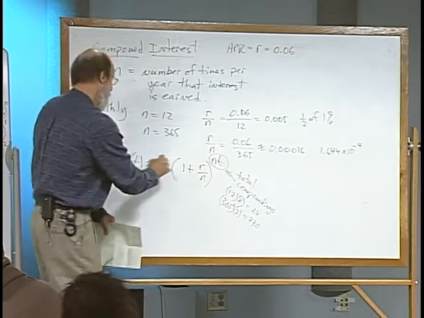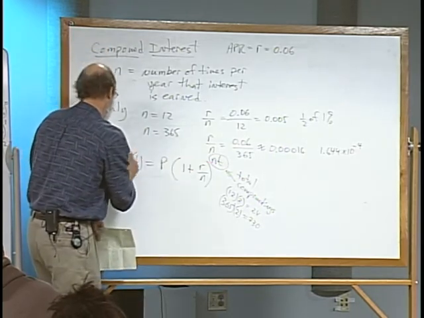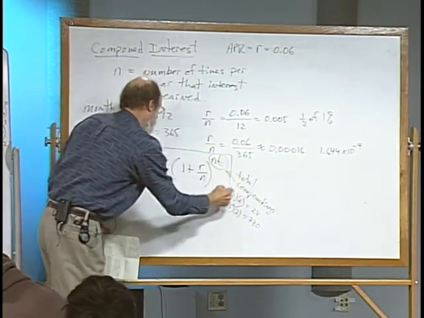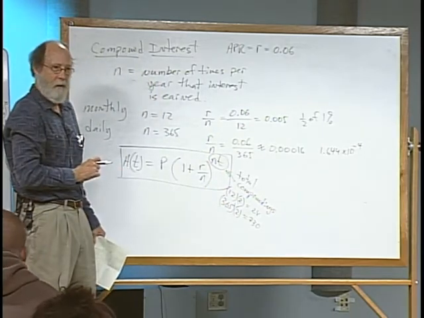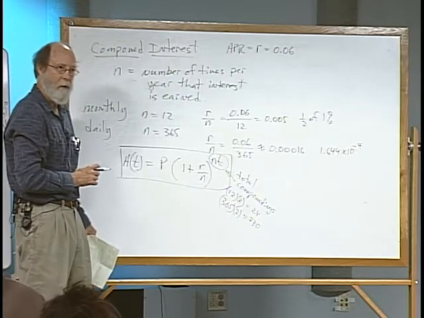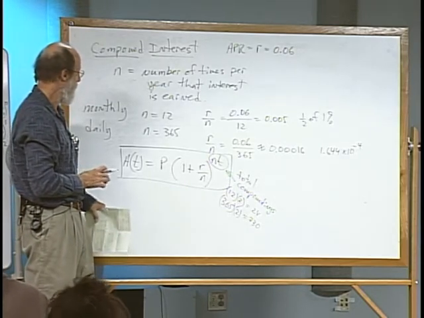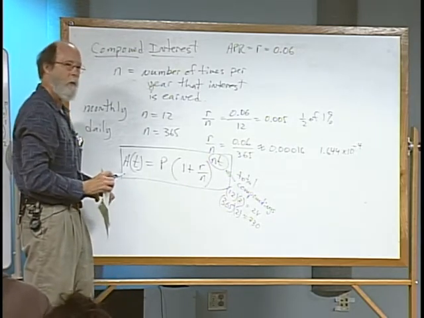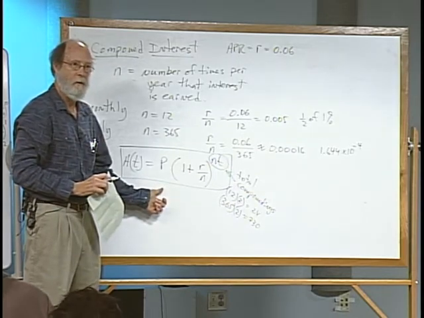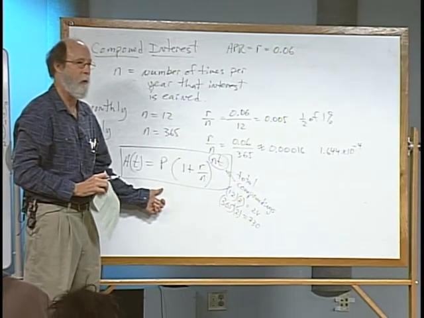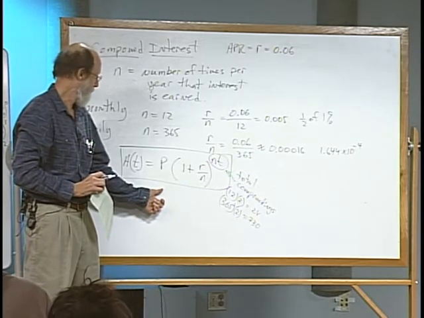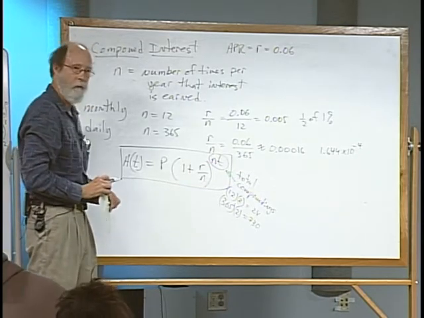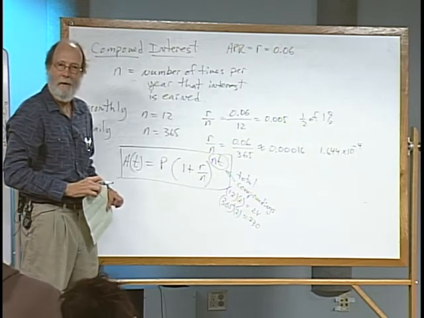Make sense? So here's the general formula for compound interest. You want to memorize this one. It's not a hard one. It's something that comes up over and over and over again. Any questions so far? Okay.